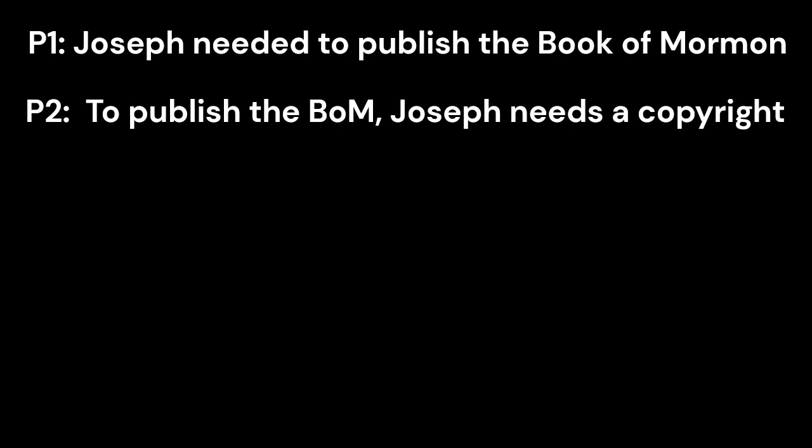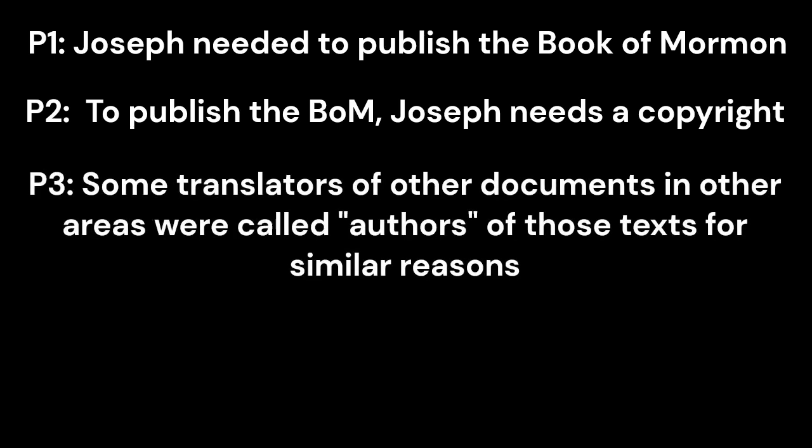A third premise in this case, because you can have as many premises or propositions as you need in order to make an argument, would be translators for the 1824 KJV Bible also were sometimes put down as author. That didn't happen in New York. I think that specific one happened in England, but it goes to show that certain laws can be instituted that don't necessarily fit the mold perfectly as to what's actually going on with the specific text.